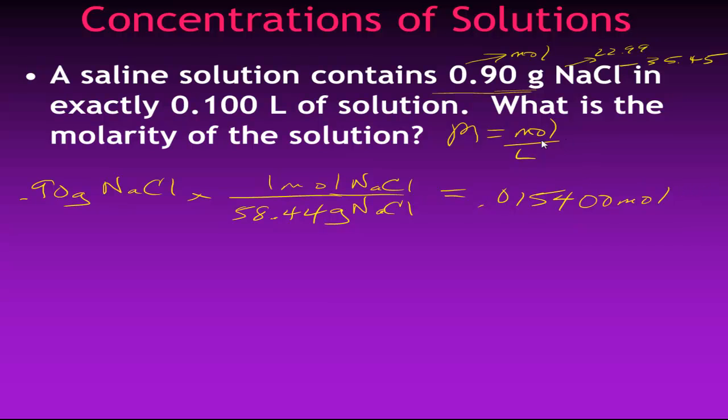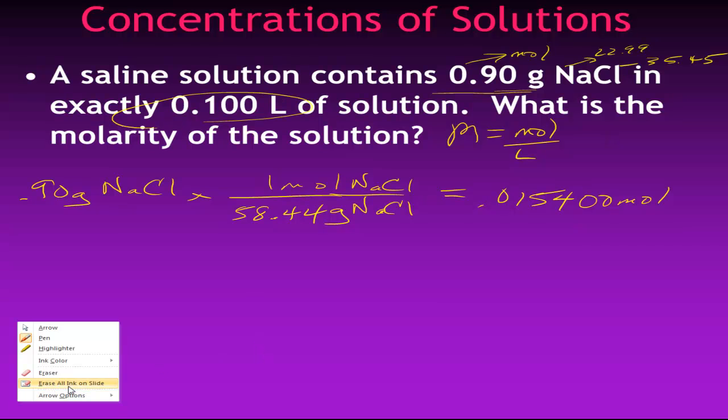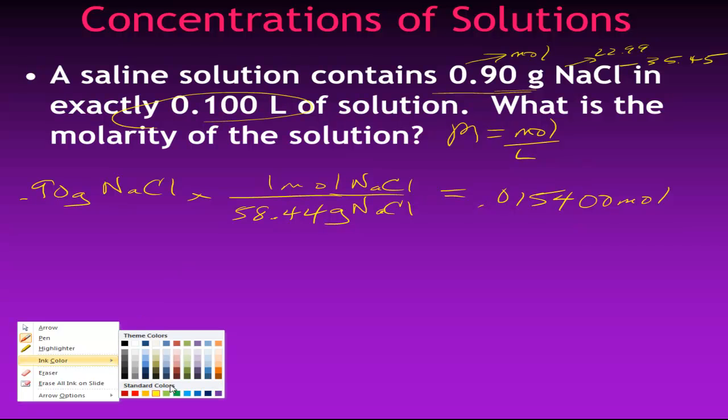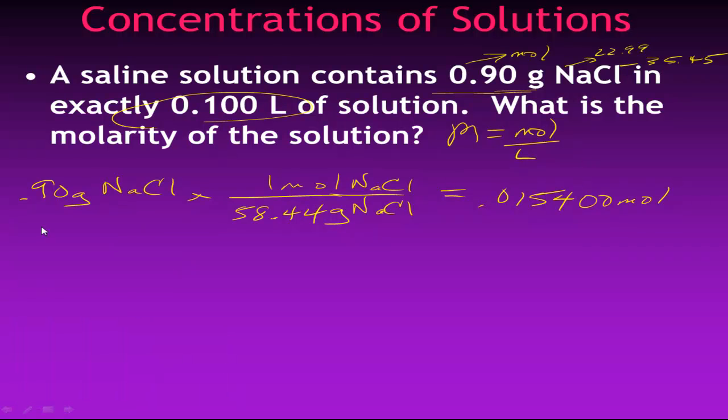So now we've got our moles. What we need to do is divide by our liters of solution. So let's change our color here, make it a little easier to see. So I've got my 0.015400 moles. Now, I'm not going to worry about sig figs until the end of the problem.